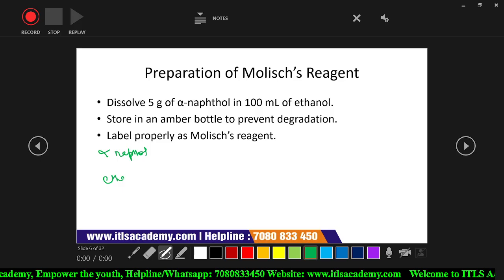When it is completely dissolved, we add the remaining 50 ml of distilled water. Then again you have to store it in an amber bottle with proper labeling.